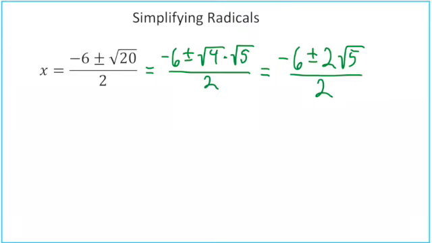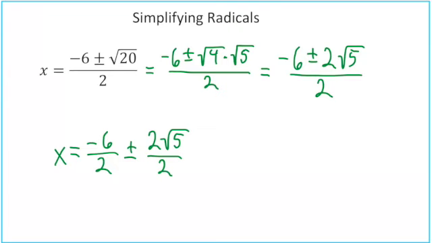It turns out we can continue to simplify this one, and the reason is we could actually rewrite this and split it into two fractions. Negative 6 over 2 plus or minus 2 radical 5 over 2. And then we can simplify these further, and negative 6 over 2 simply becomes negative 3, and we get plus or minus radical 5 because the 2 over 2 cancels out.